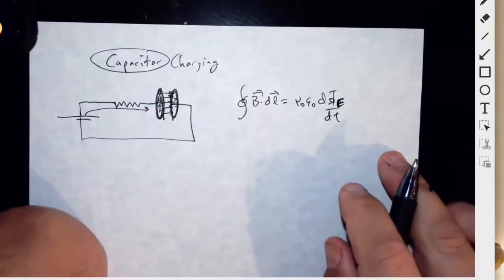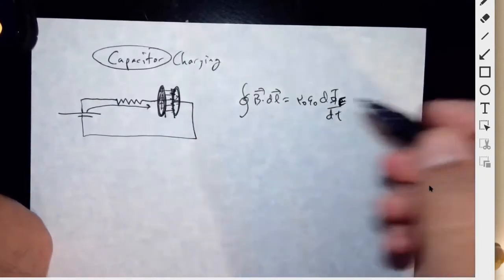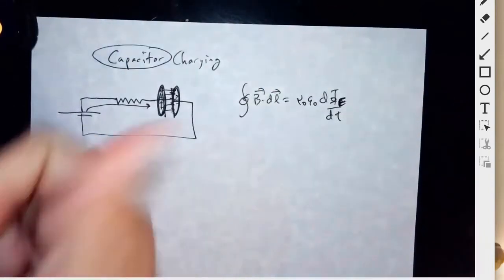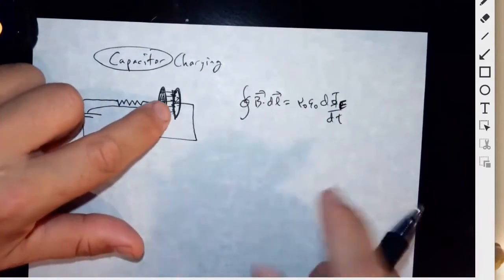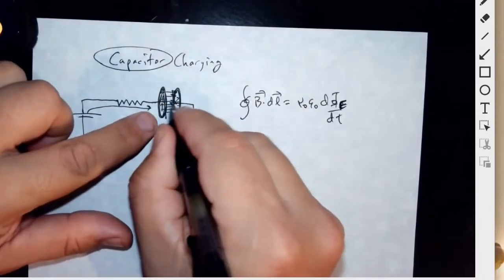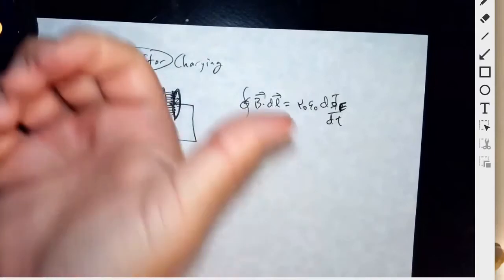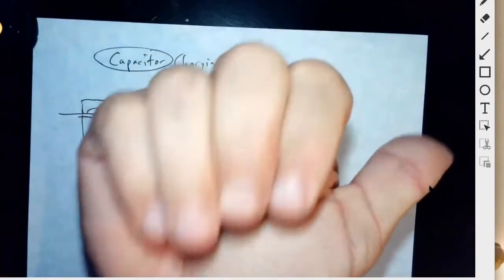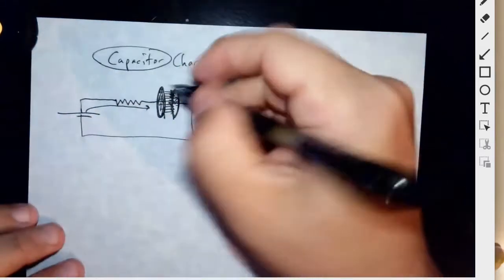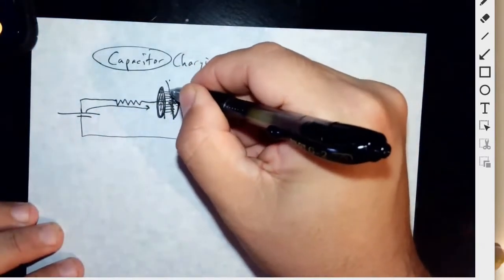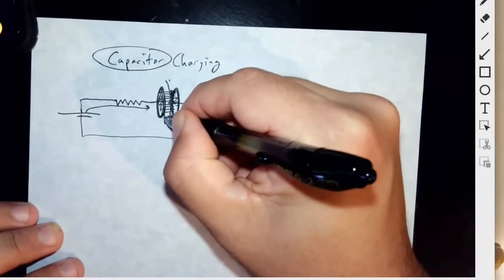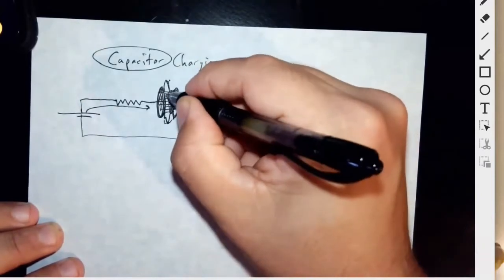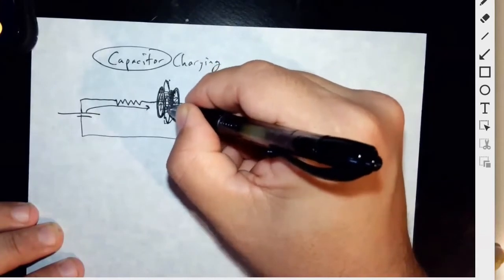So what's going to happen is, if the electric field is increasing over time, it's going to act as if there is current flowing that way. It's going to create a B field like this around the capacitor, going around the back, coming around. And it's also going to create a B field inside the capacitor.